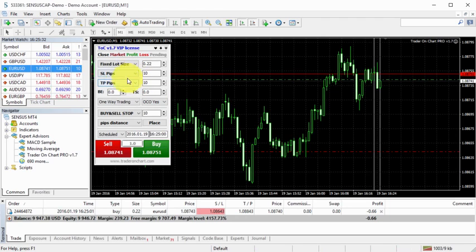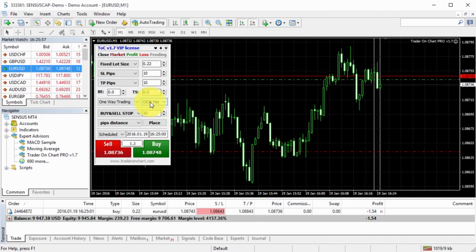Actually a couple of things to show, is that it has also an OCO option. So this means that I can place two pending orders in opposite directions, and when I have OCO enabled, then the opposite pending order will get cancelled the very next moment when the first pending order is executed.